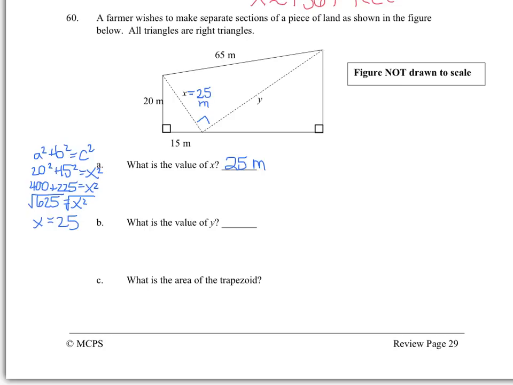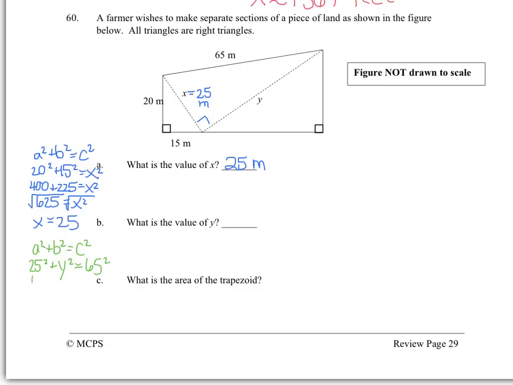All right, to find y, we're given a leg and the hypotenuse, but we can still find it using Pythagorean's theorem. So a squared plus b squared equals c squared. A squared is going to be 25 squared, b squared is y squared, and c squared is 65 squared.